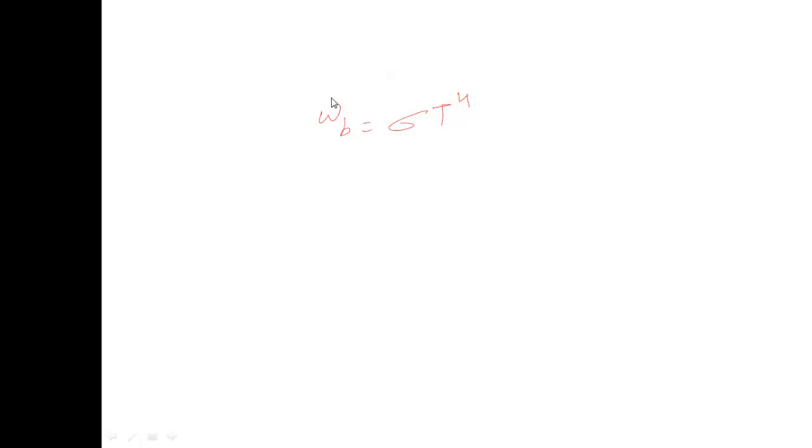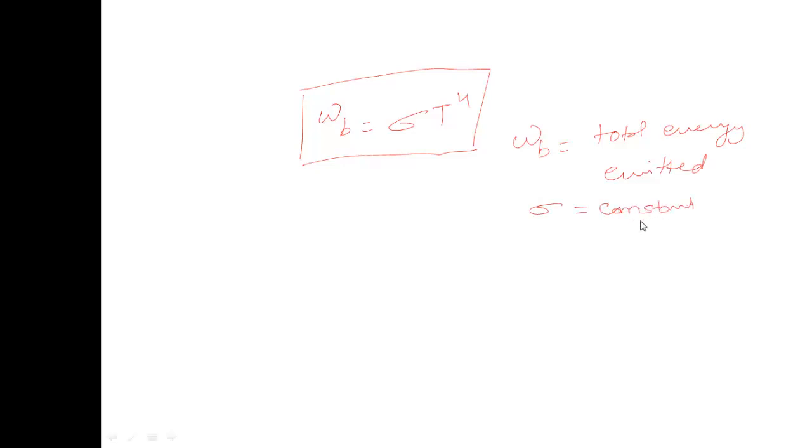This is what the Stefan-Boltzmann law tells, in which W_B is the total energy emitted, sigma is a constant, which is 5.67 times 10 power minus 8 W per meter square per Kelvin power 4, and T is the temperature of the object. So this is the Stefan-Boltzmann law.